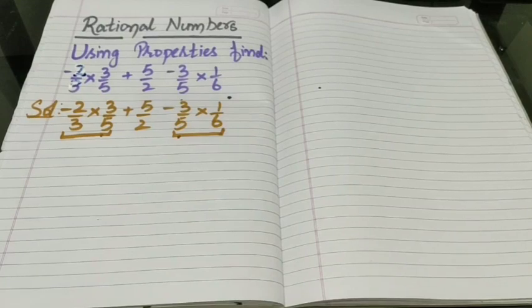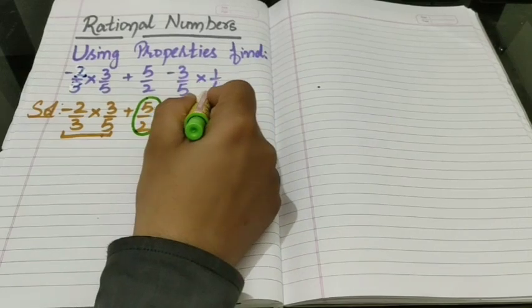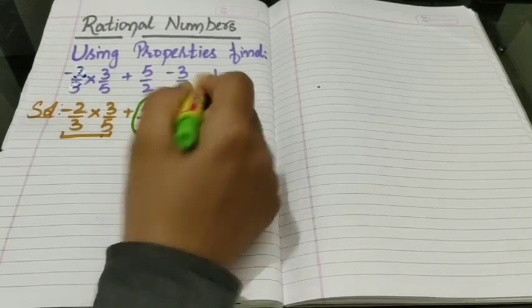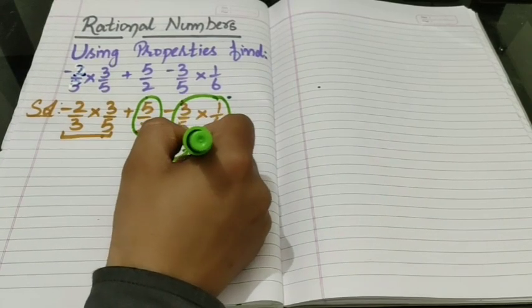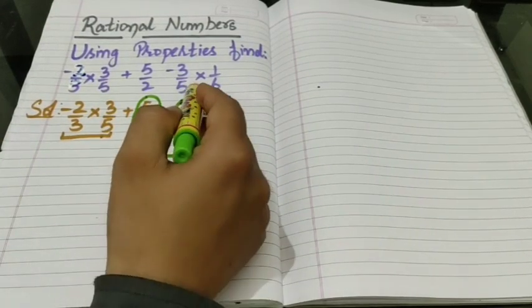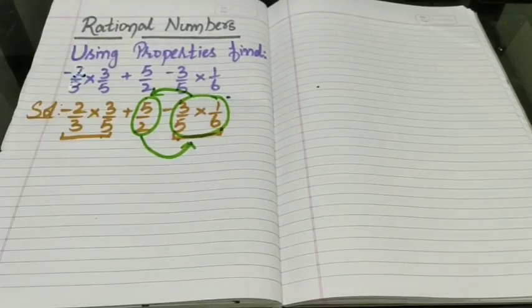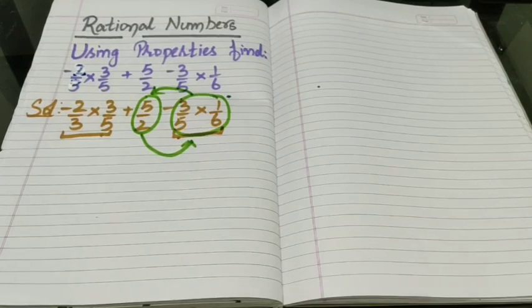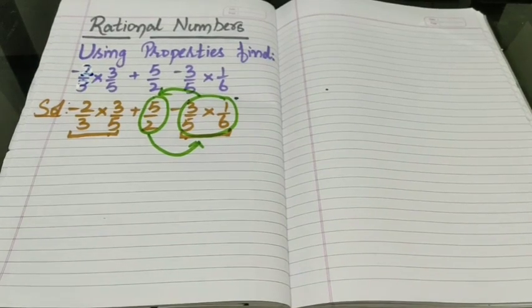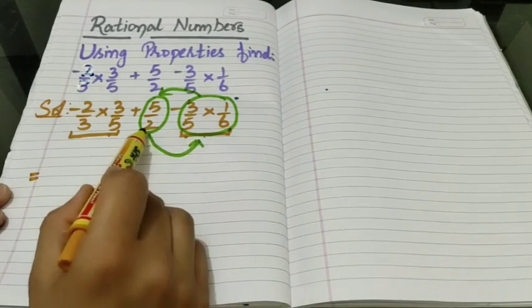And for that, we are going to interchange the place of these two terms. I am going to shift 5 upon 2 over here, and this whole term, minus 3 upon 5 multiplied by 1 over 6, over here. And whenever we interchange the places like this, we use commutative property. So using commutative property, I am going to interchange the places of these two terms.